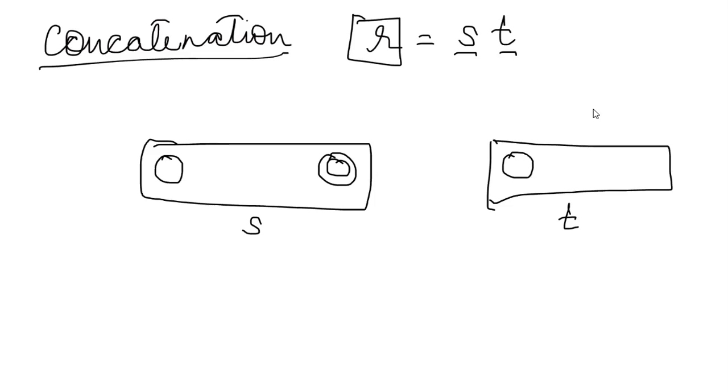For concatenation, all we have to do is connect the final state of the first to the start state of the next, and the label for this transition would be epsilon.